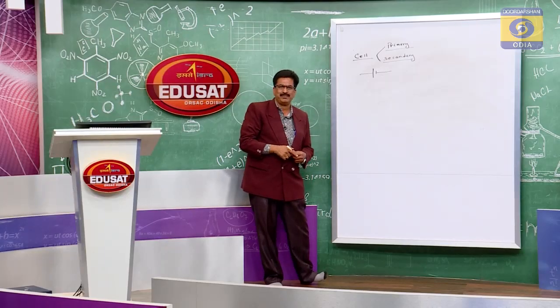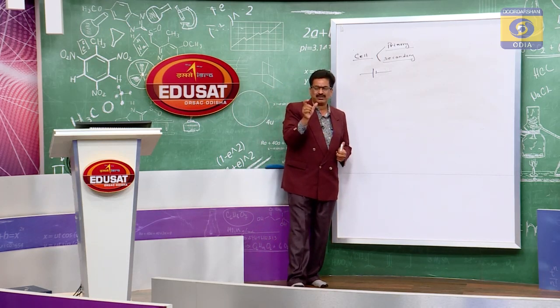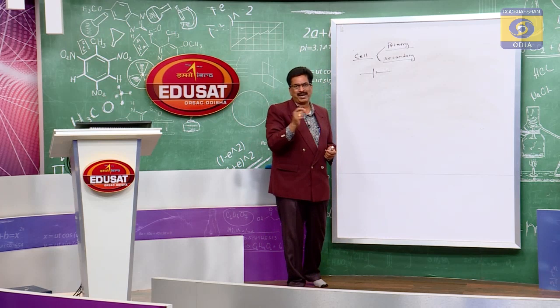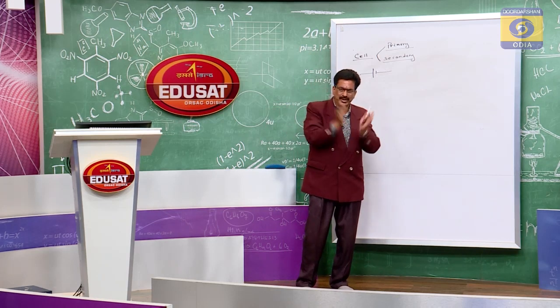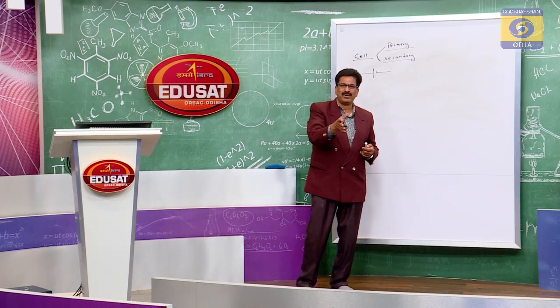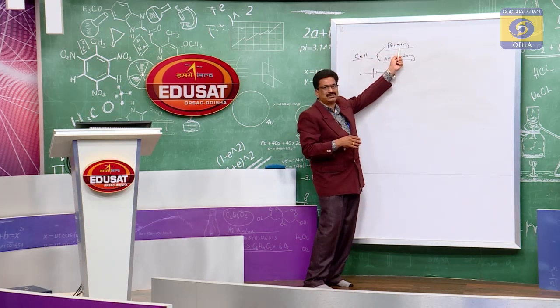Primary cells are what you generally use in your remote or torchlight. They are called primary, meaning they are not reusable. Once the storing capacity is completed, it is over and we throw it away. That type of cell we call primary.